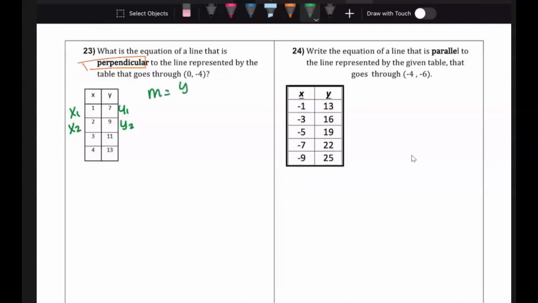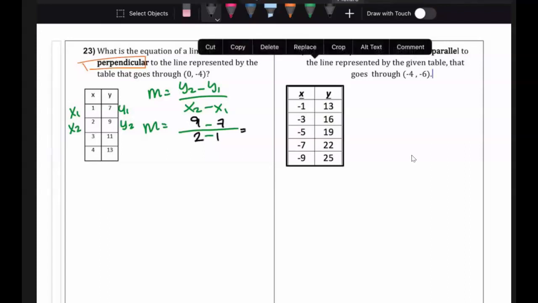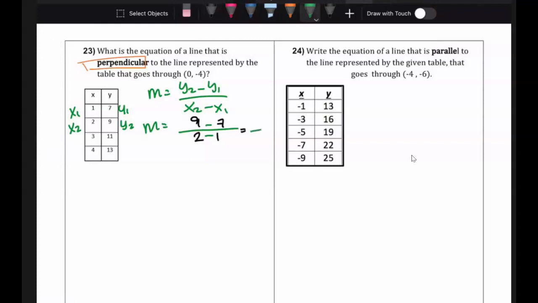And I'm going to use my formula, y2 minus y1 over x2 minus x1, where my y2 value is 9, my y1 value is 7, 2 minus 1, which is going to give you 2/1. Because 9 minus 7 is 2, and 2 minus 1 is 1.